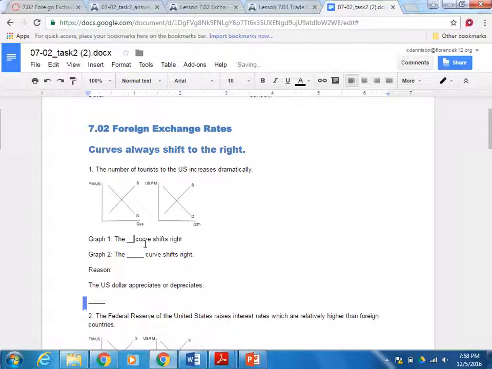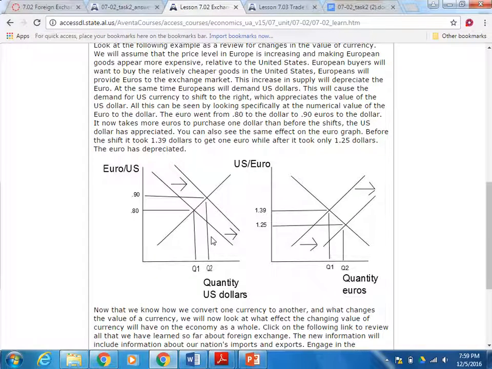They're going to supply US dollars to the exchange market, and they're going to demand the foreign money. So for your reason, you can put that businesses are going to want the higher interest rate in foreign countries, or something along those lines.